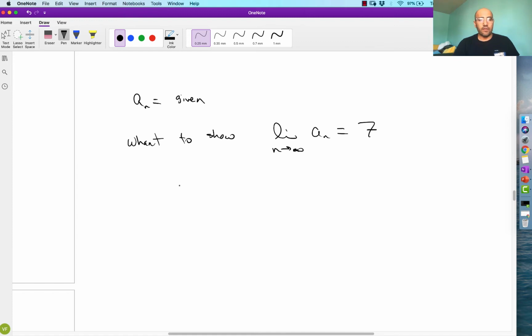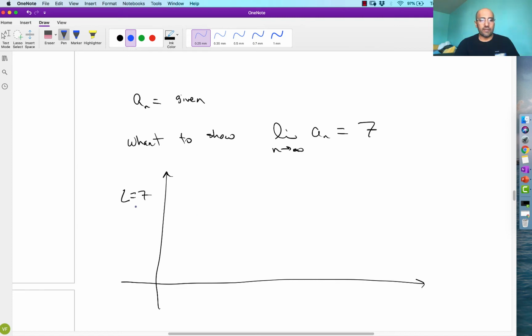Here it is. So if we graph this thing, let's say we have L equals 7, that means we have this horizontal line here at y equals 7. I didn't actually give you an equation for it. I'm just giving you a visual of what it would look like.